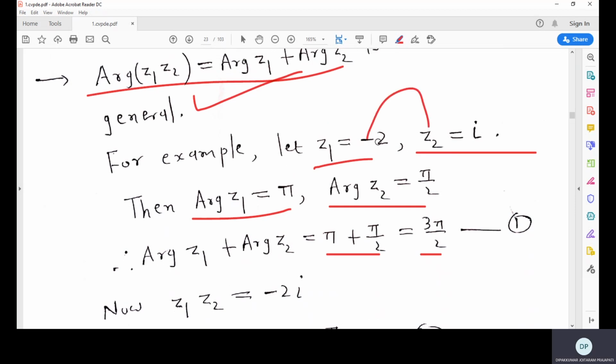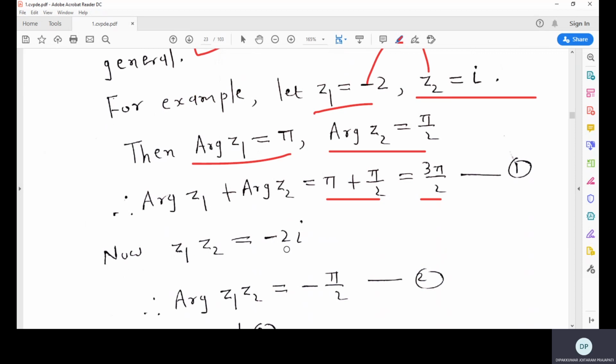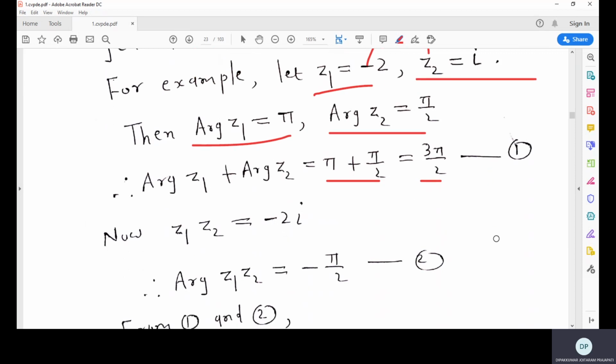So z1 into z2 is -2i, and -2i is on the negative y-axis. To find the principal argument, we have to measure. If we measure in the counterclockwise direction, then the angle will be 3 pi by 2.